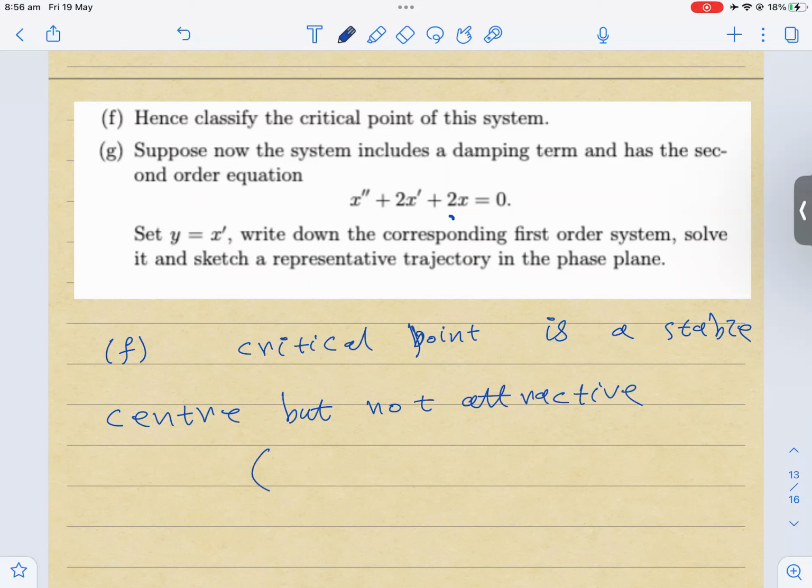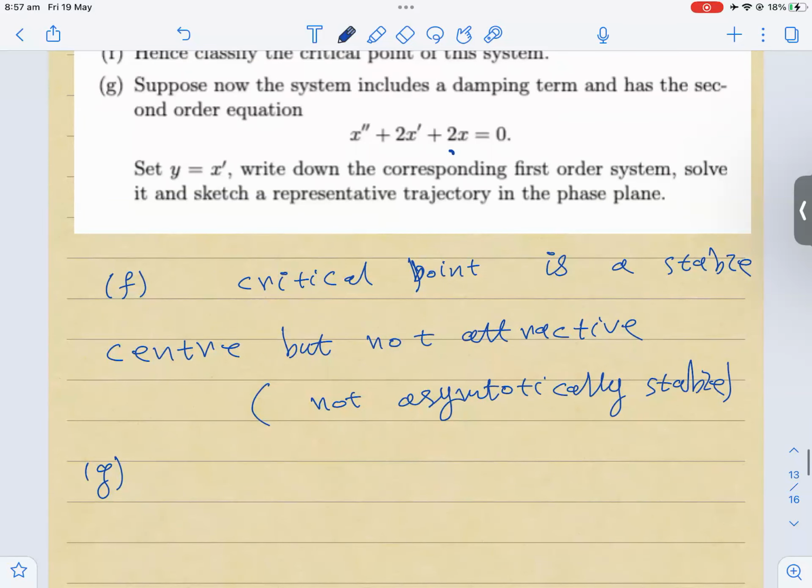It means not asymptotically stable. I hope it's right, the alphabet. Oh, that was a long word. You can just say it's periodic. All right. Yeah. Not asymptotically stable, not attractive, but a stable center.